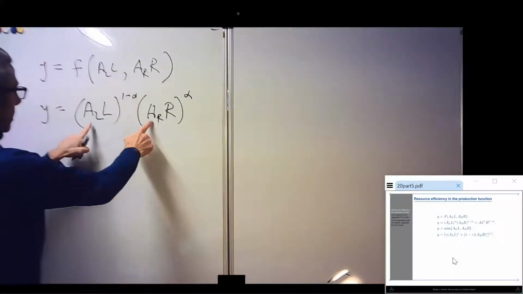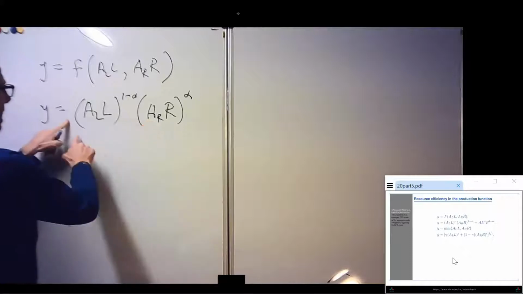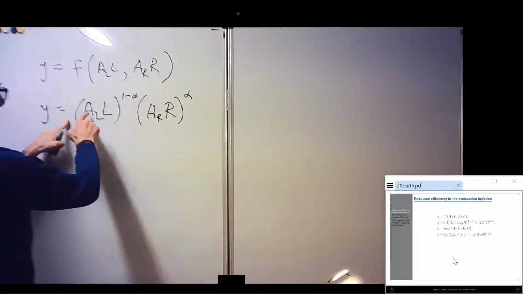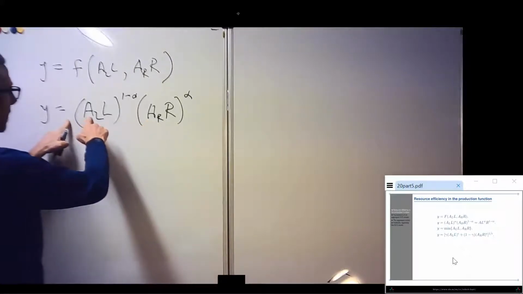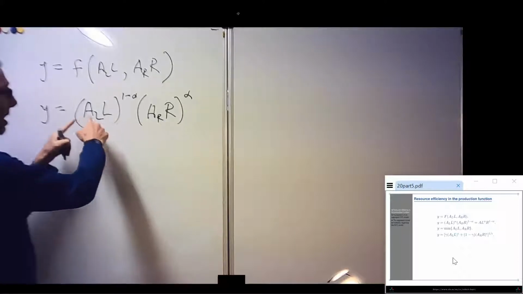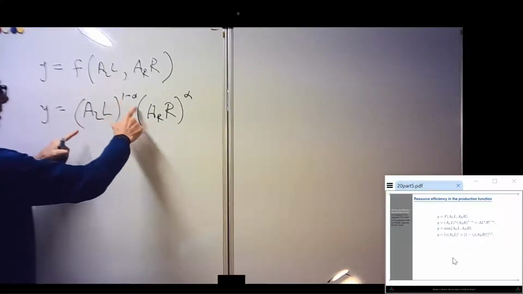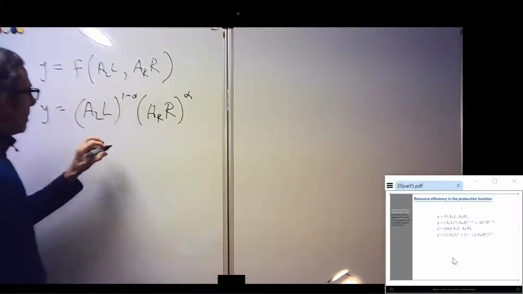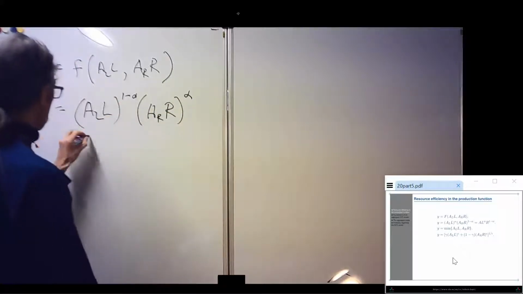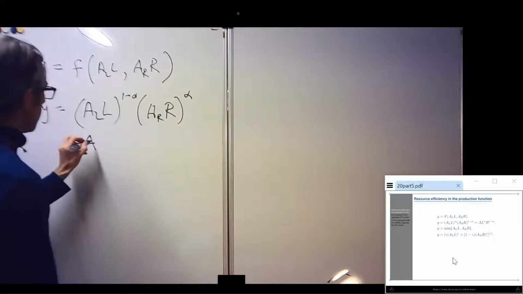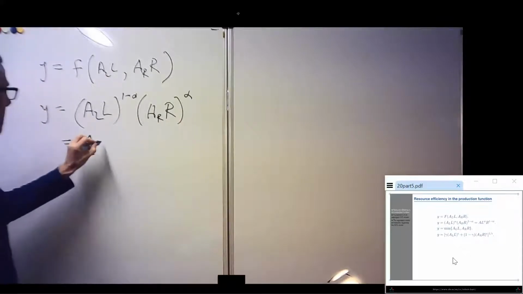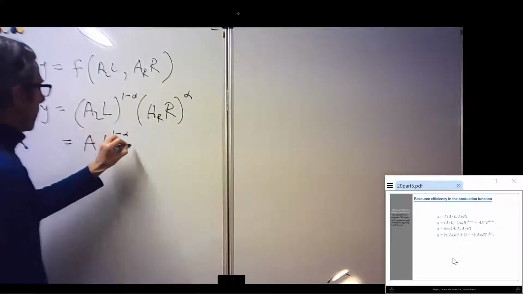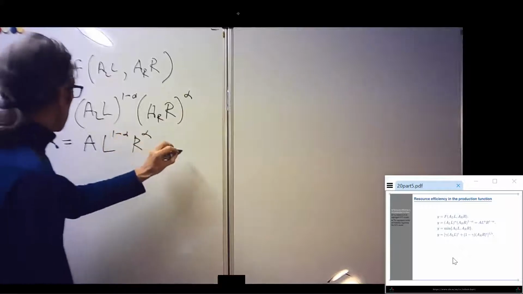And note that we can pull these 2 out and say, well, why don't we define A equals AL to the 1 minus alpha, AR to the alpha. And then we could say, well, that's the same as, with a suitable definition of A, times L to the 1 minus alpha, R to the alpha.